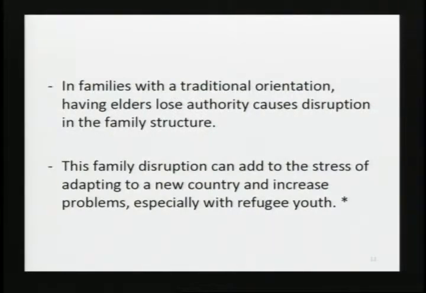In families with a traditional orientation, having elders lose authority causes disruption in the family structure. This family disruption can add to the stress of adapting to a new country and increase problems, especially with refugee youth.